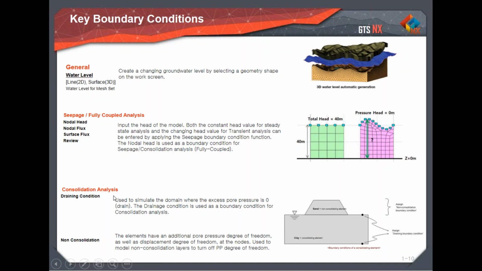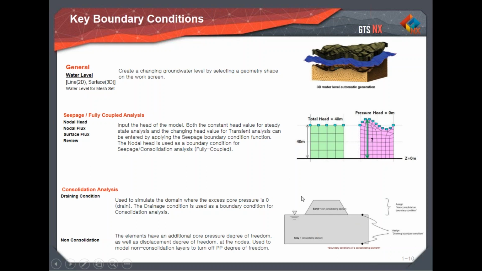Consolidation analysis, or actually these can also be used for fully coupled, but they have additional boundary conditions. One of them being the drainage condition, where you select the nodes or you select lines, layers, and it's telling the program in the calculation that the excess pore pressure should go to 0 at these boundaries. And the other being the non-consolidation boundary condition.